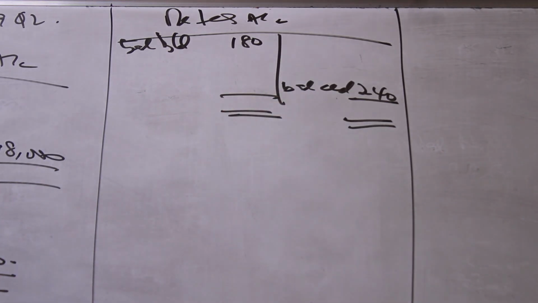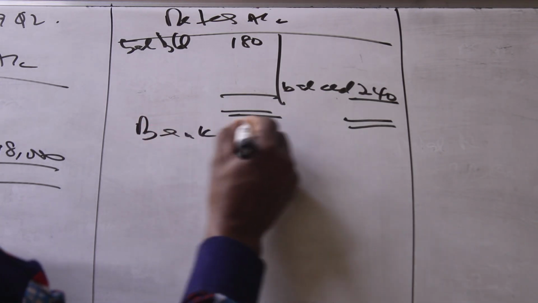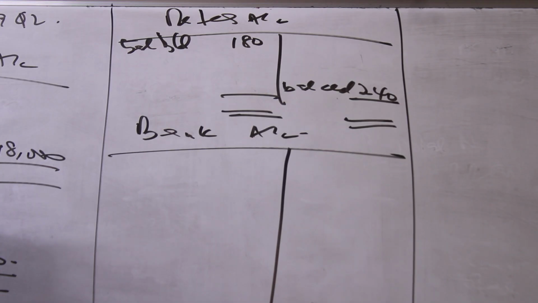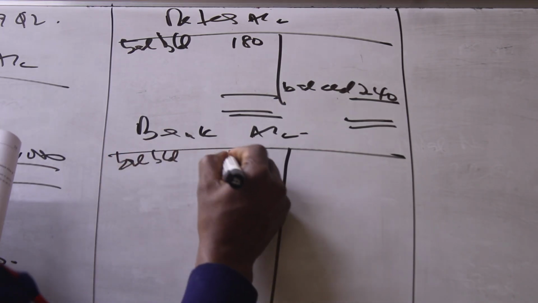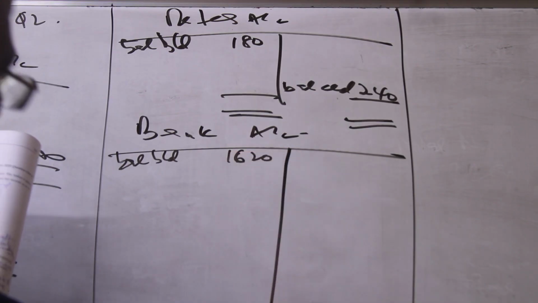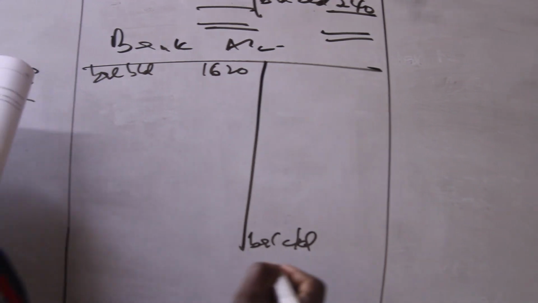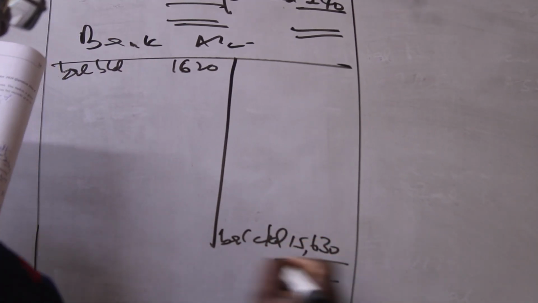And then we have bank, and we need to maintain this one. We need to give it enough space. Balance brought down is 1620, and balance carried down is 15630.